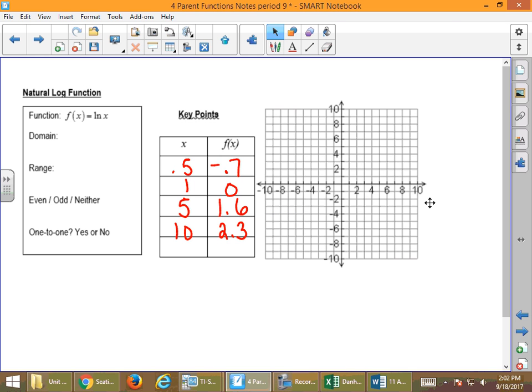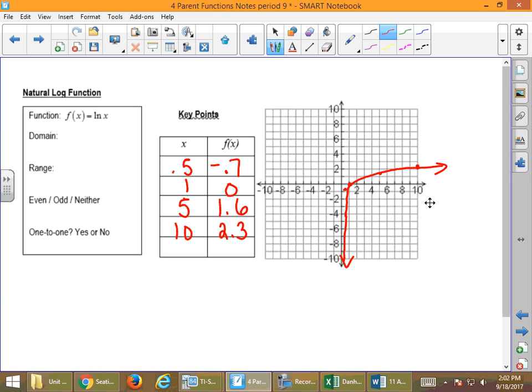So when we graph 0.5, negative 0.7, 1, 0, 5 is 1.6, try that one more time, and 10 is 2.3. And just like the previous logarithmic function, we are not going to touch the y-axis.